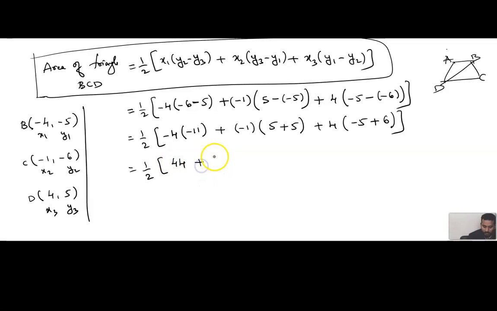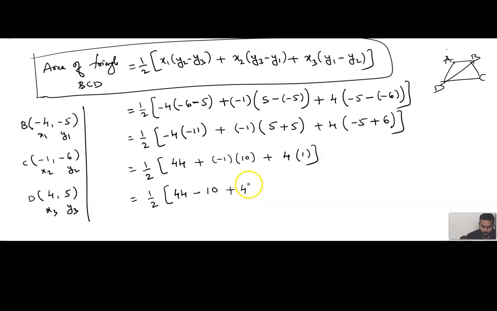Then plus as it is, -1 into 5 plus 5 is 10, then plus 4 into 6 minus 5 is 1, close the bracket. That is equal to half into [44 plus minus 1 tens are 10, plus 4 ones are 4].